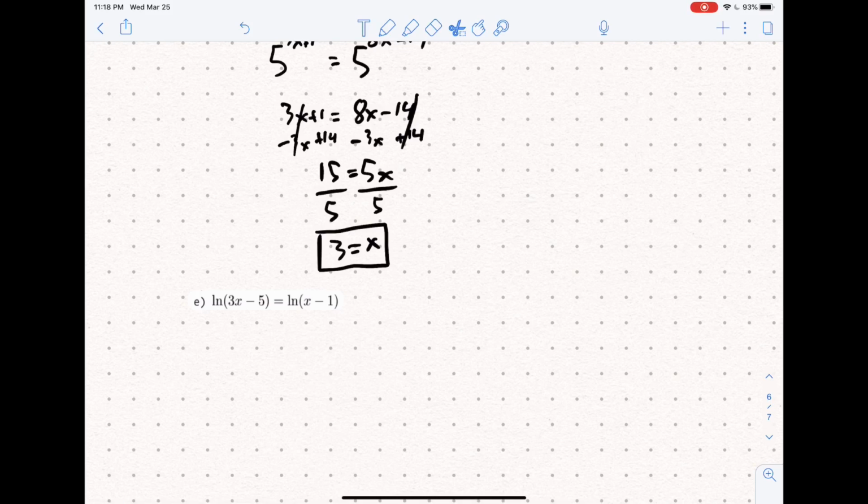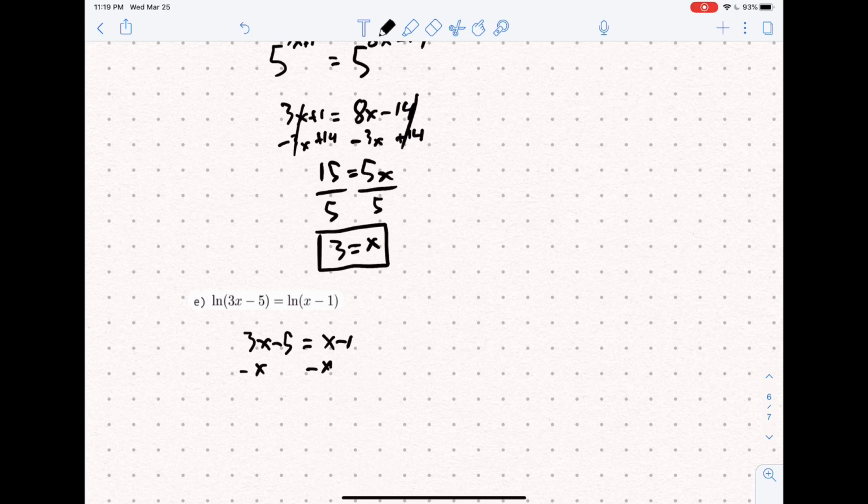Natural log of 3x minus 5 is equal to natural log of x minus 1. All right, so for this one, since they're a natural log of something equal a natural log of something, we're going to use the same principle, which is that if a natural log equals a natural log, then the things inside must be equal. So the 3x minus 5 must equal the x minus 1. Let's go ahead and solve this guy.